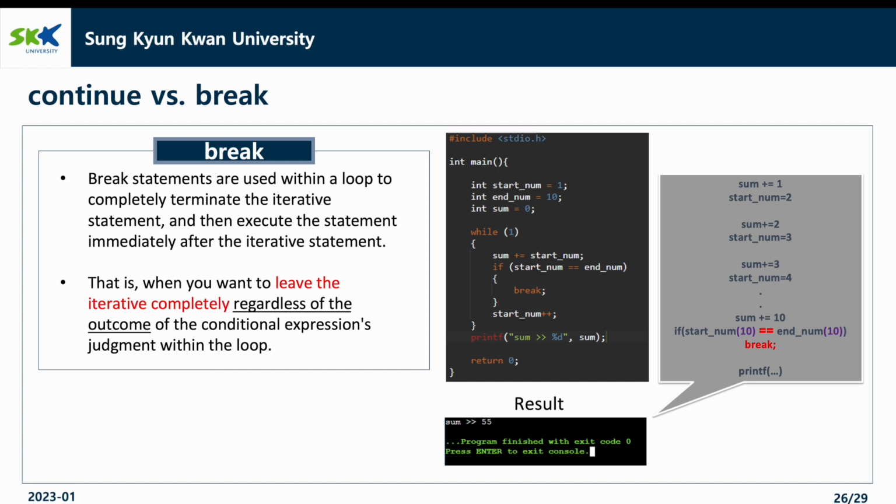In this example, the condition of the while statement is 1. Because this condition is always true, this form is a representative example of an infinite loop. However, if the start number and the end number are the same inside the while statement, you can see that there is a code that breaks and exits the while statement.